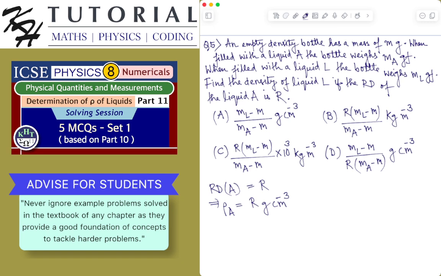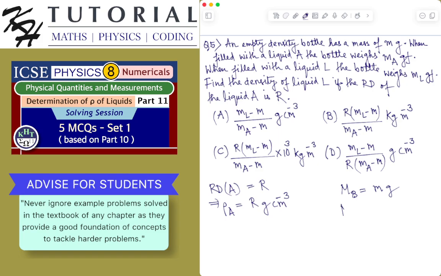Also, it is given that the mass of the empty density bottle is m gram. So, using our notation, MB is m gram. Also, the weight of the liquid A with the density bottle is MA gram force.